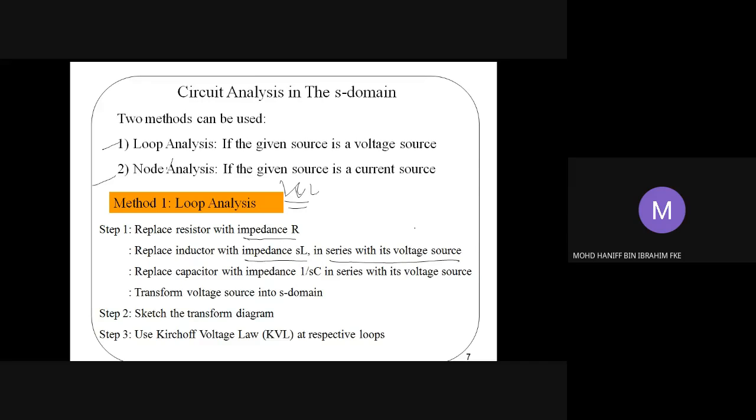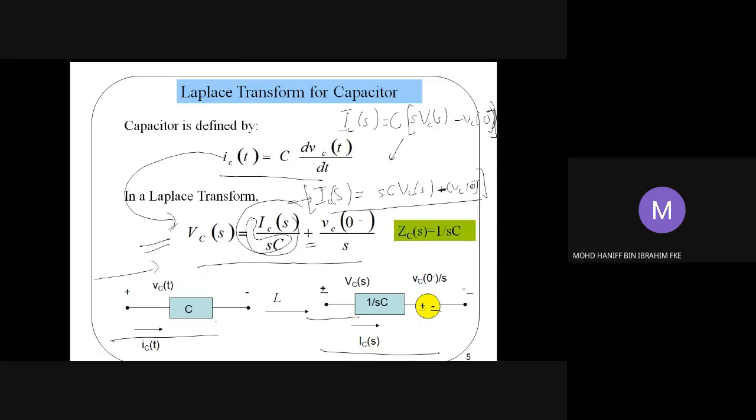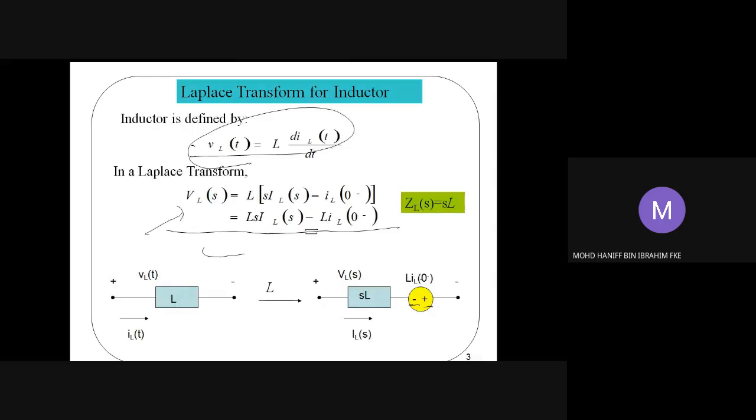For the capacitor, we replace the capacitor in time domain with the impedance of 1 over sC, also in series with a voltage source.